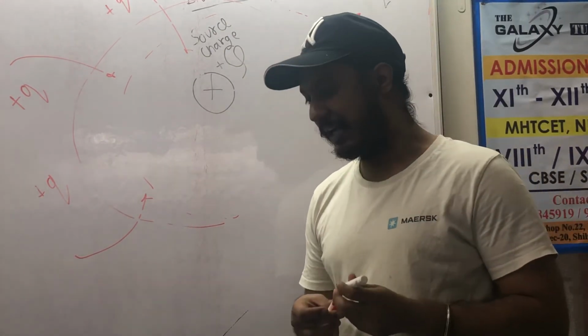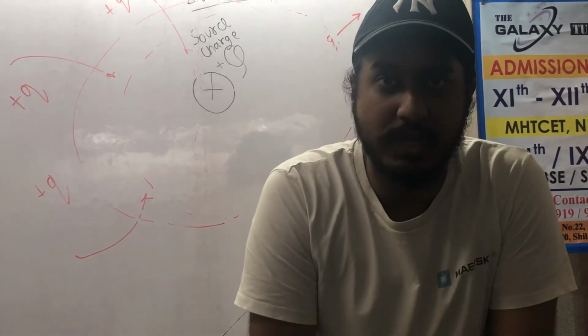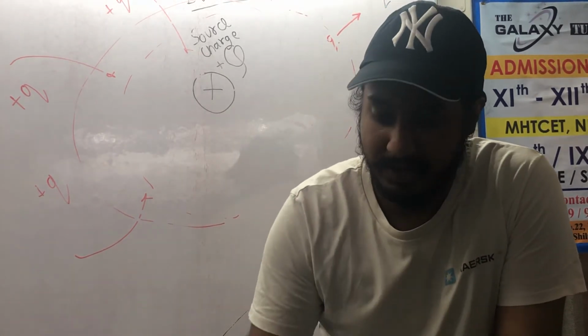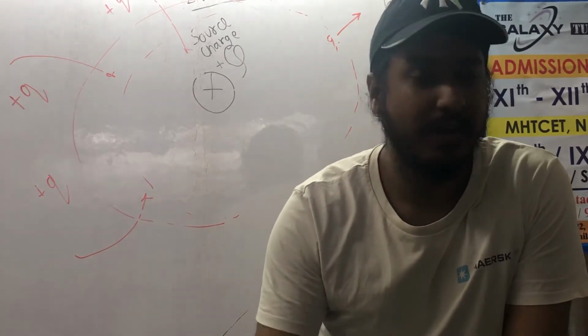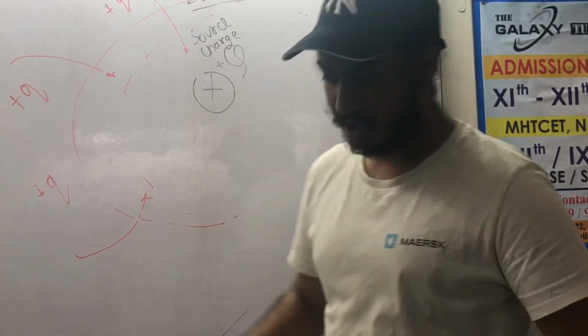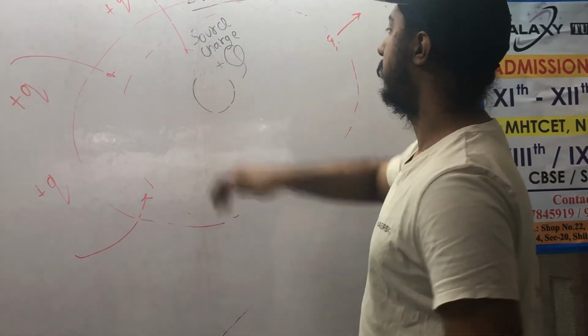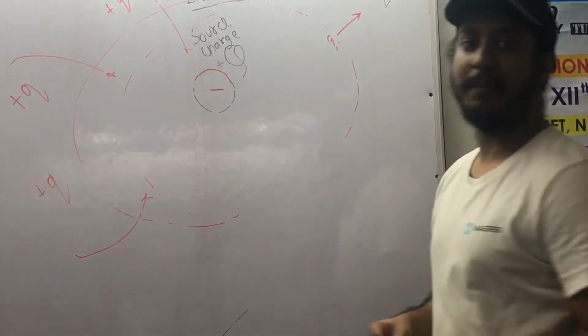So in layman terms, what is electric field? Electric field is the space around a charge in which if we bring a small test charge, it will experience a force. Now this force can be attractive or repulsive. In case this charge was negative, what would have happened?